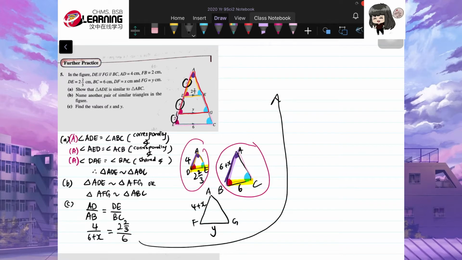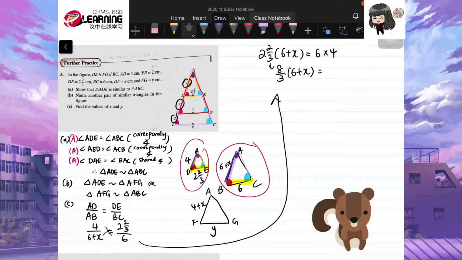So when we cross multiply, 2 over 3 times 6 plus x equals 6 times 4. This one we can change to an improper fraction, and 6 plus x equals 24.